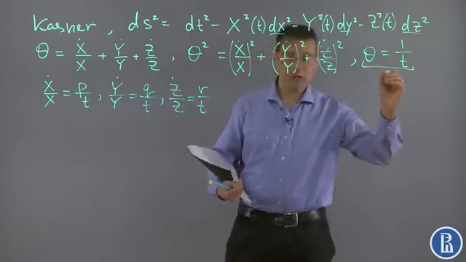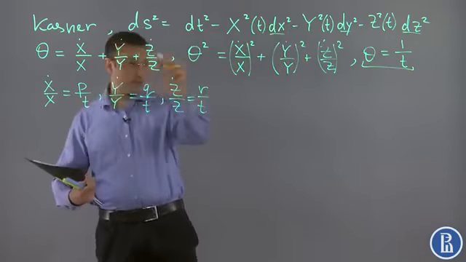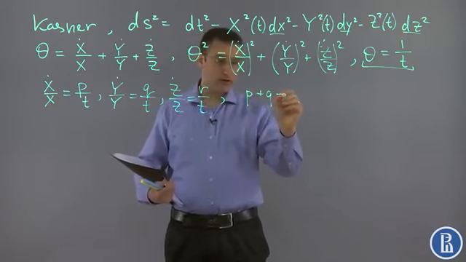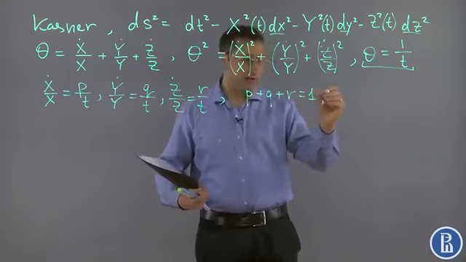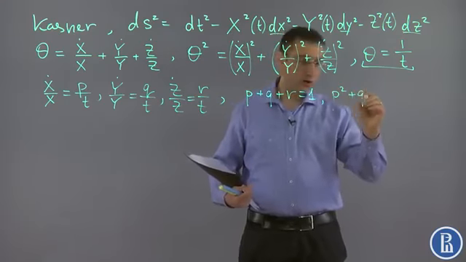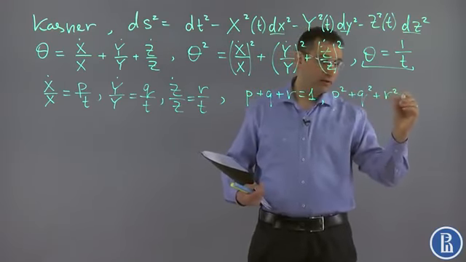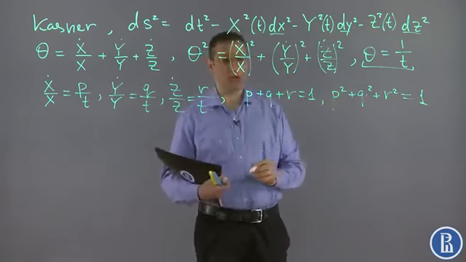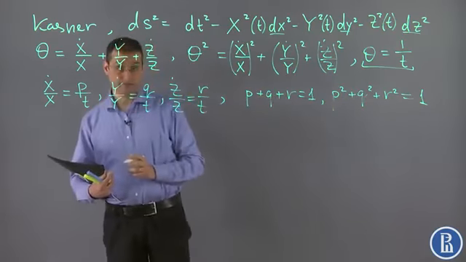But from these relations, we obtain that p plus q plus r is equal to 1, and p squared plus q squared plus r squared is equal to 1. These are the conditions to which p, q, and r are subject.